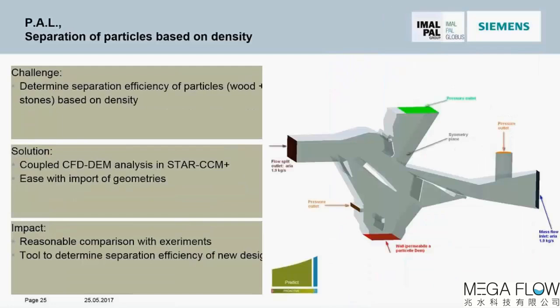Here is another example where simulation was used more in a predictive manner. This is a machine that is used to separate heavier solids such as stones from lighter solids such as wood chips based on the density difference.